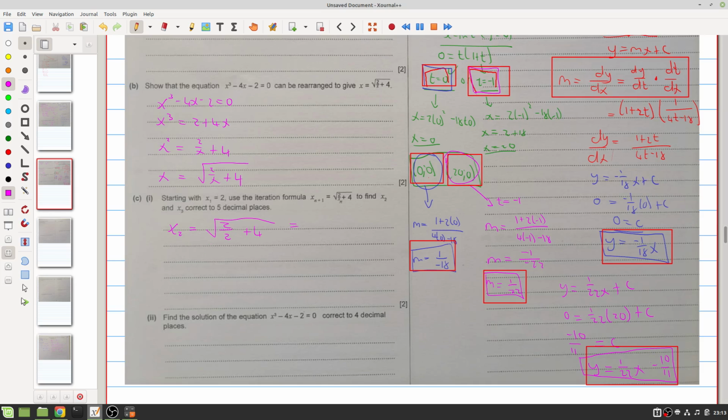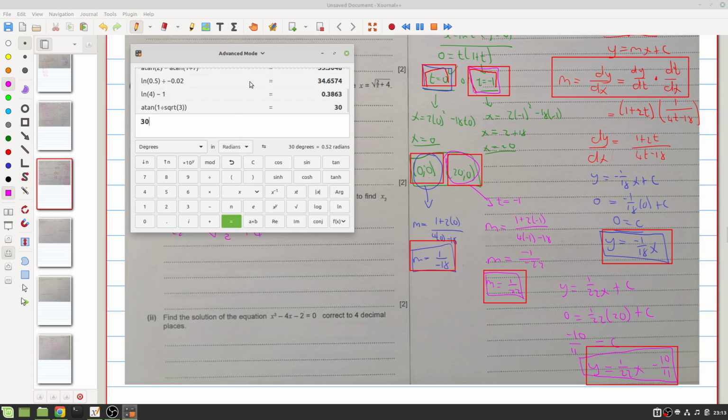Okay, so what does that give us? So 2 over 2 is 1, square root of 5. So that gives us the square root of 5. And we need 5 decimal places. So we're doing square root of 5. That's going to give us 2.23607.